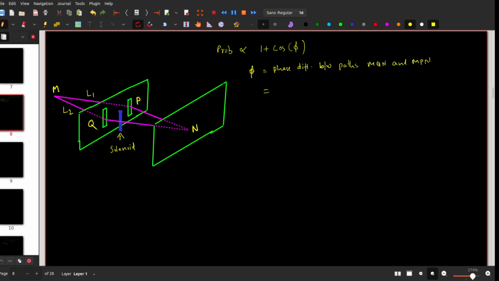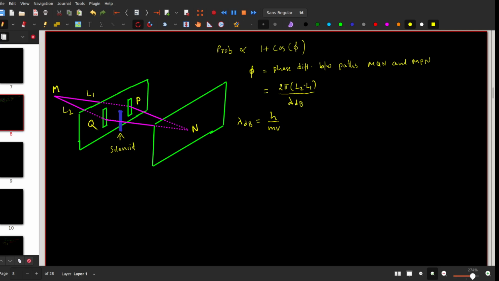First contribution was due to the kinetic energy term in the Lagrangian, and this was equal to 2 pi times (L2 minus L1), where L2 is the length of path MQN and L1 is the length of path MPN, divided by lambda dB, where lambda dB is the de Broglie wavelength corresponding to the particle, which is h divided by mv.